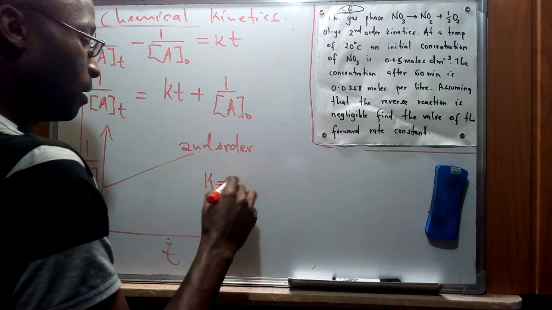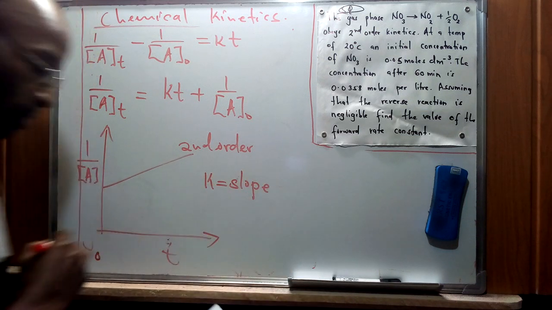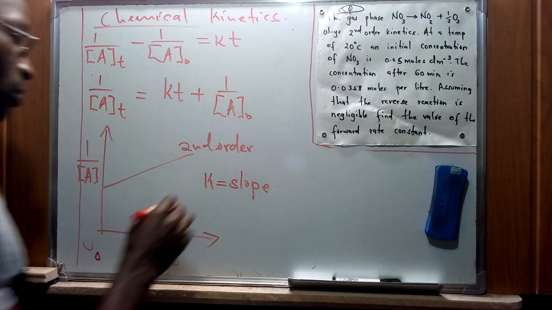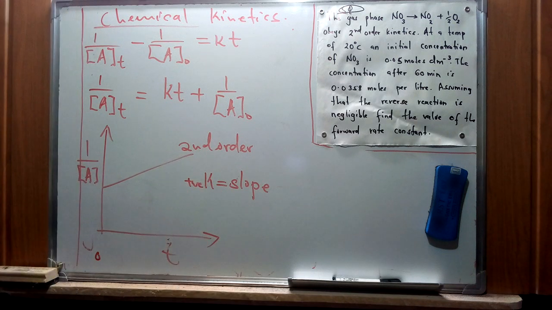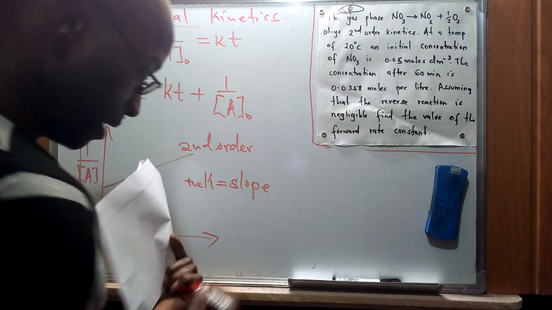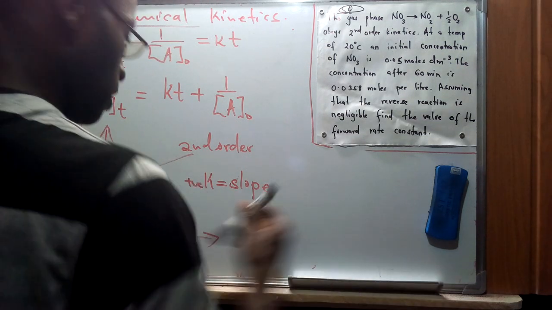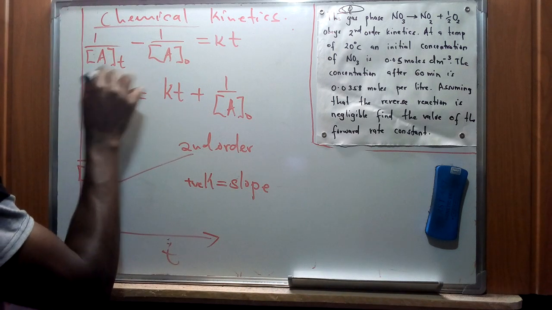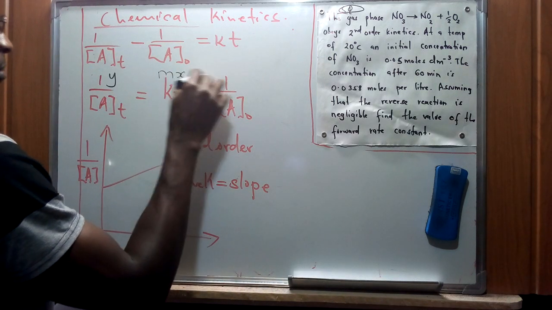So therefore, the rate constant is going to be the slope, which is going to be a positive value. This is how we represent the equation for the second order reaction rate, and this is going to be our basis for trying to find out how we can calculate the value of the forward rate constant. If I equate this to the equation of a straight line, the general representation is y equals mx plus c.